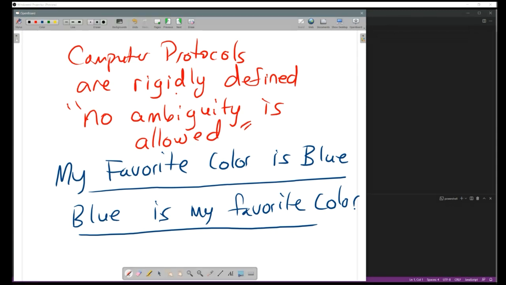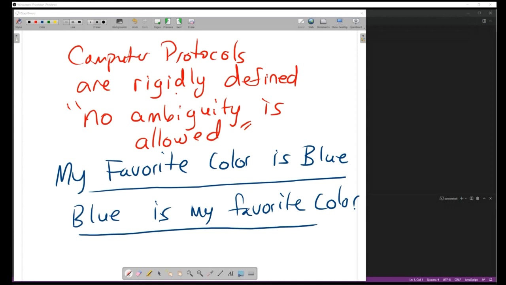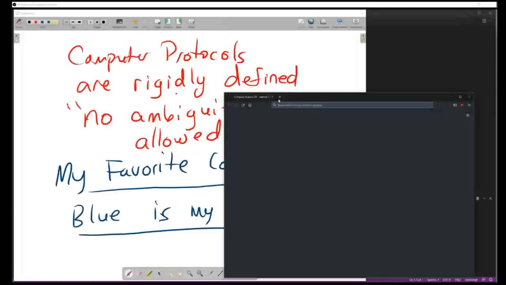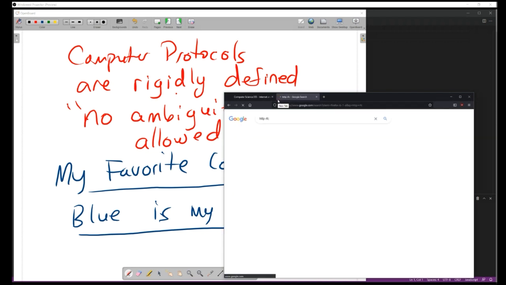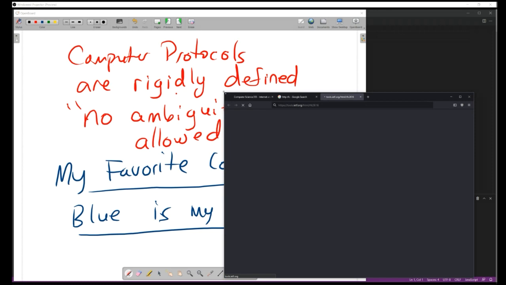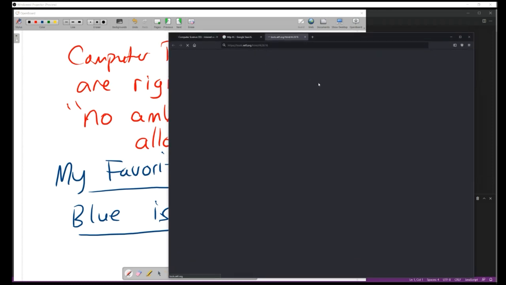Typically, there are these documents on the web, let me see if I can pull one up. There are these documents on the web called RFCs, and all major protocols, for instance HTTP, have one or more RFCs associated with them.